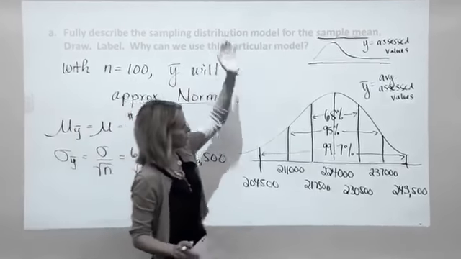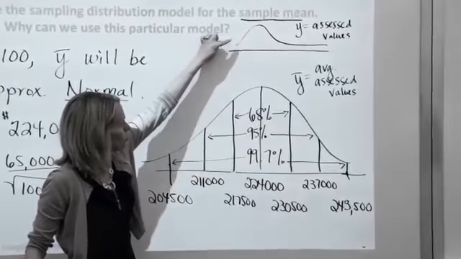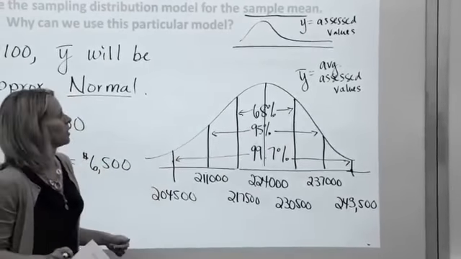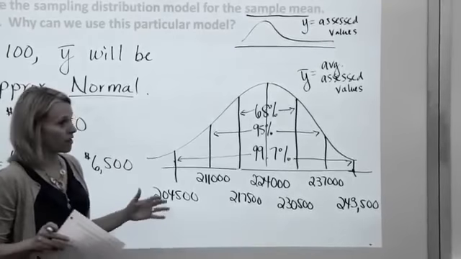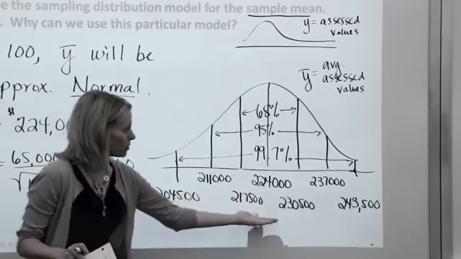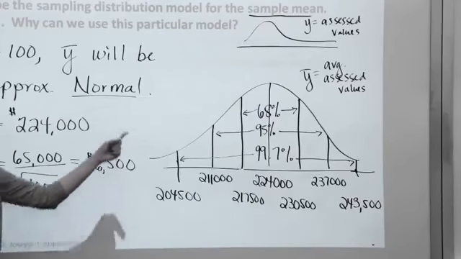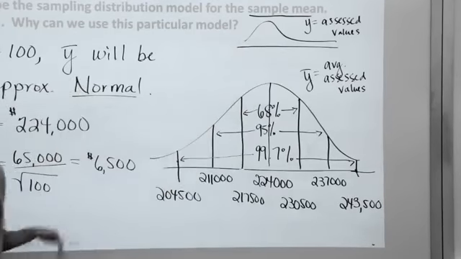So originally, assessed values for all homes were skewed, but once we start looking at samples of 100 homes, the average assessed value of groups of 100 homes would follow a normal distribution, centered here and would have a much smaller standard deviation than our original data did. So that's part A. Let's look at what we're going to do in part B.